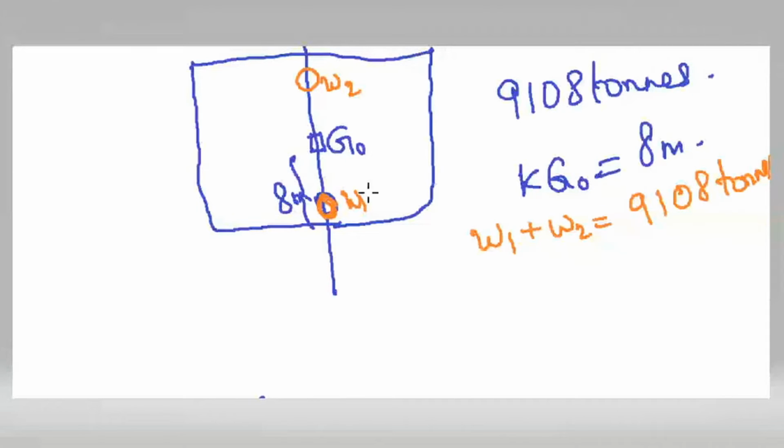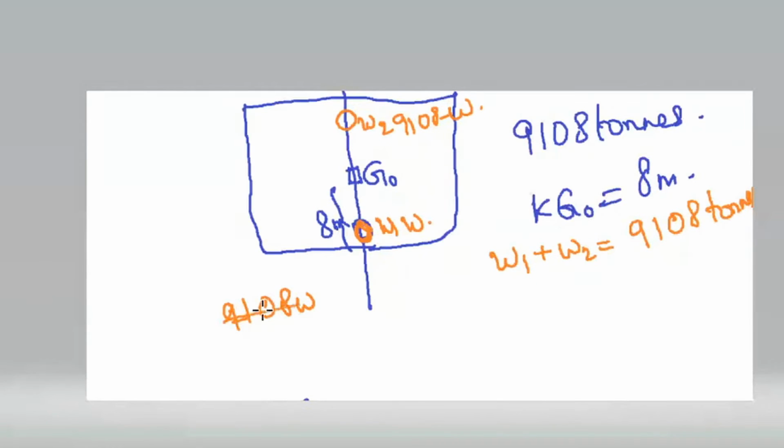So you assume this weight to be W. This weight will be 9108 minus W. They have told this distance and this distance also.